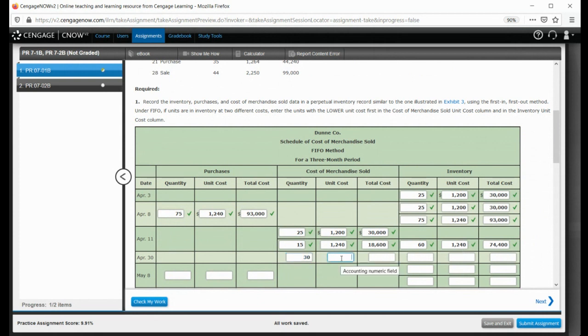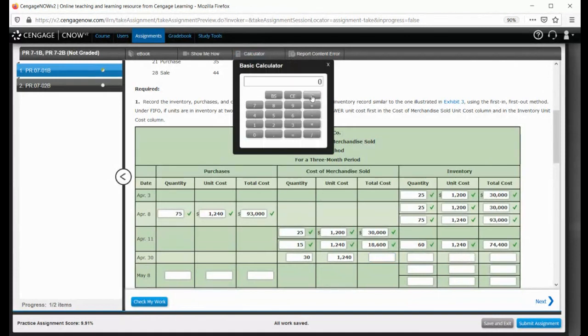So $12.40 goes into my unit cost card, and I would multiply 30 times $12.40, and that will give me the amount that I sold on that particular date. The amount is $37,200.